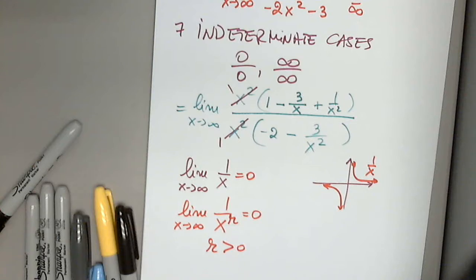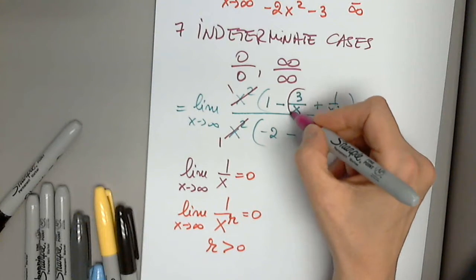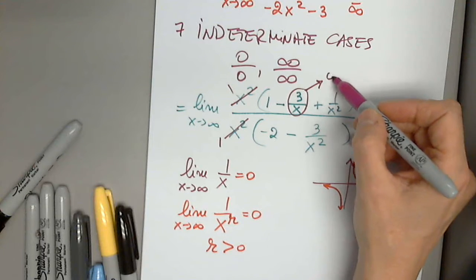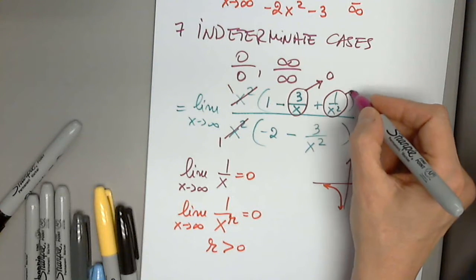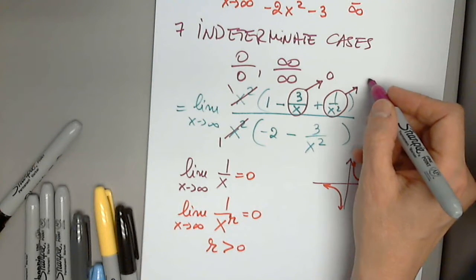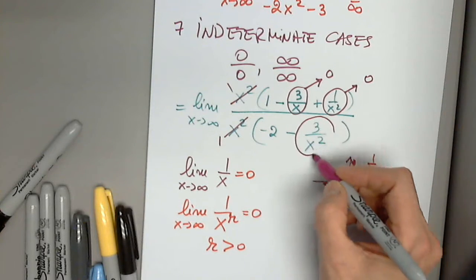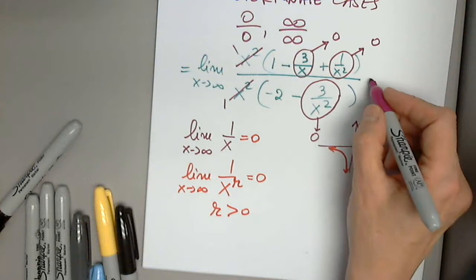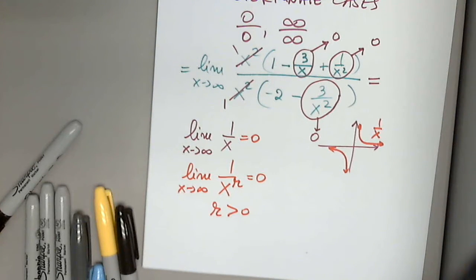Good. What will you say about this as x approaches infinity? What do you think about this as x approaches infinity? Excellent. And then what will be the final answer? And now I can drop the limit operator.